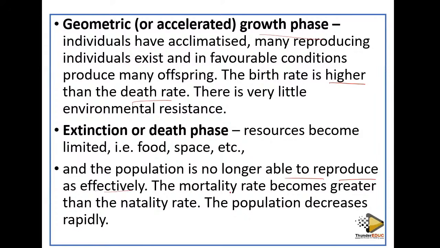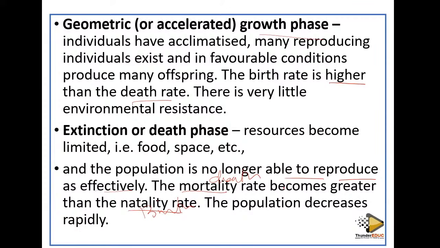The mortality rate becomes greater than the natality, meaning that the death rate is more than the birth rate, and automatically the population starts to decrease. It keeps on decreasing rapidly.